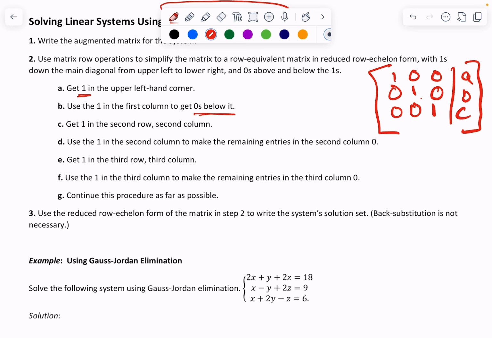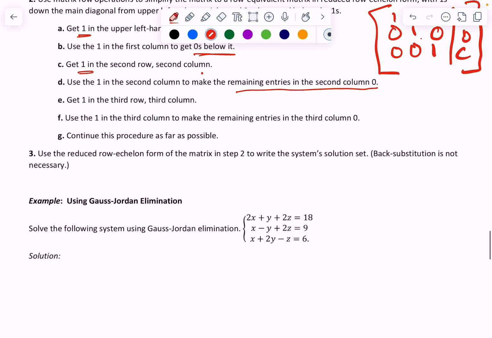Then we want 1 in the second row, second column, and then we want the remaining entries in the second column to be 0. So we always start with the 1 and then we figure out how to get the zeros. This is the exact same matrix that we just did in the previous example.